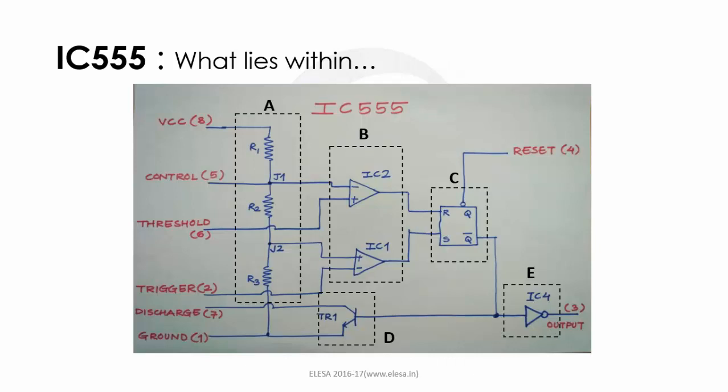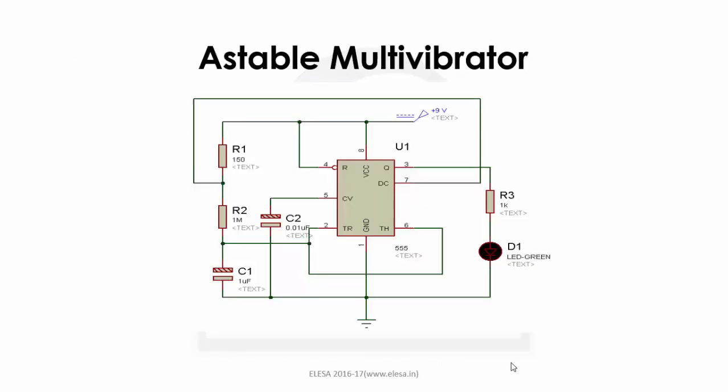IC 555 has applications in various fields, but mainly it is used in working modes like astable, monostable, or bistable multivibrators. For the time being, we will only see its working as an astable and monostable multivibrator. Astable multivibrator.